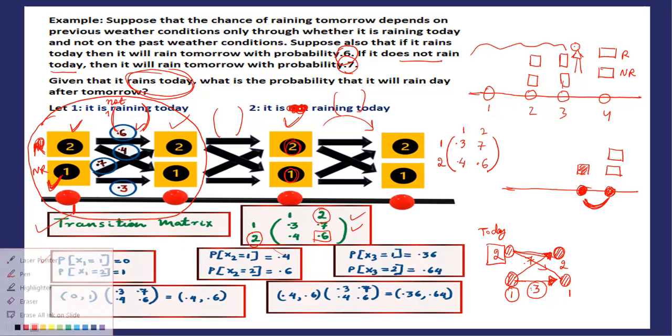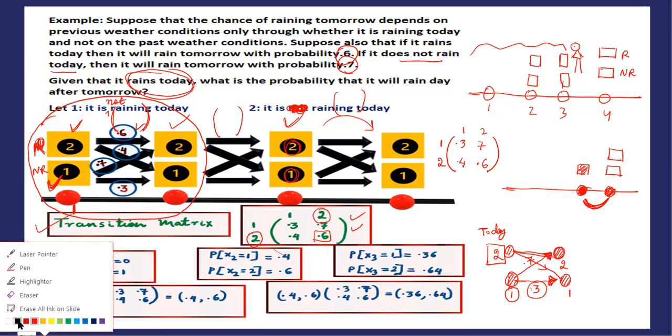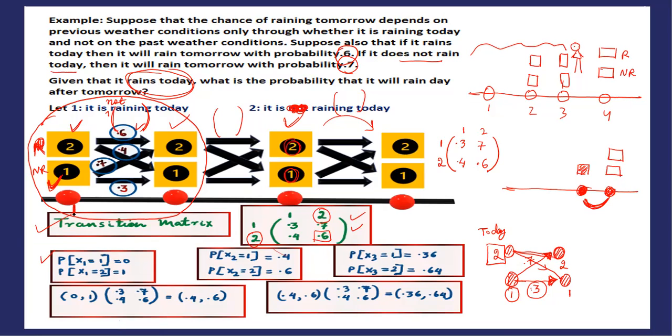Let me change the ink to black. Now, these are the probabilities at time 1, that is X1. This is the random variable at time 1, X1. The probability that X1 is 1 is 0, because it's given.